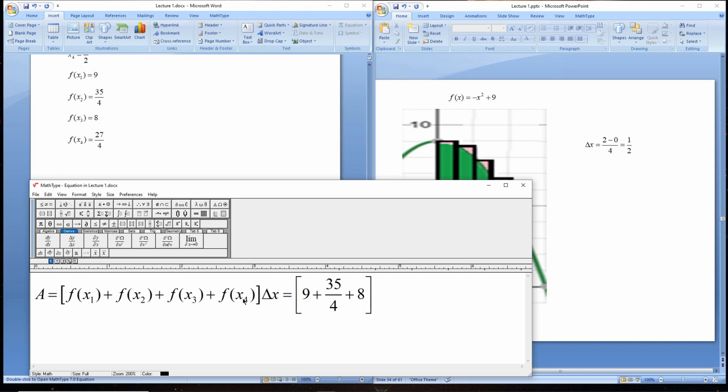And then f of x sub 4 is 27 over 4. And all of this will be multiplied by delta x. Delta x, which we already figured out, is a half.